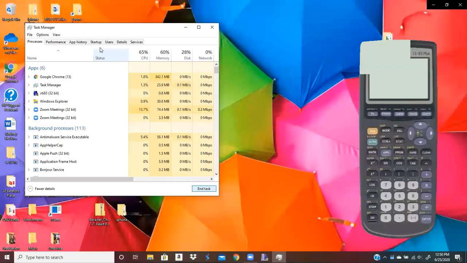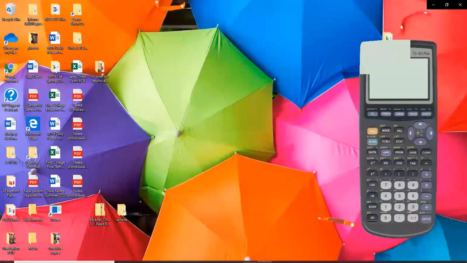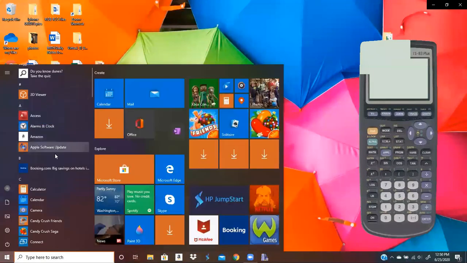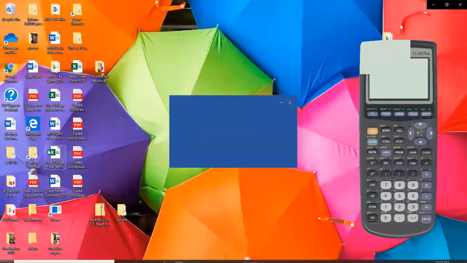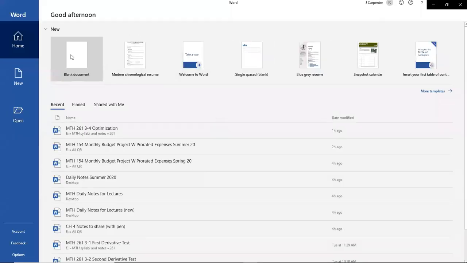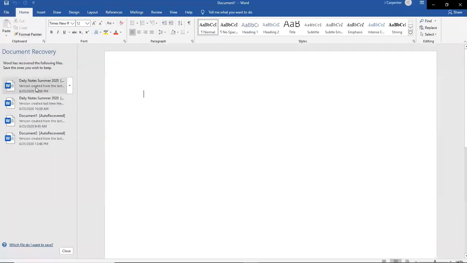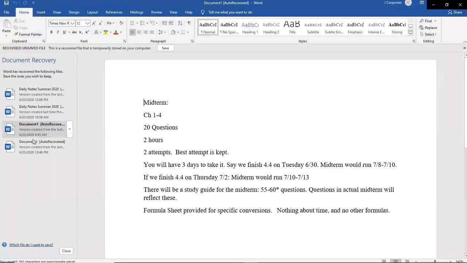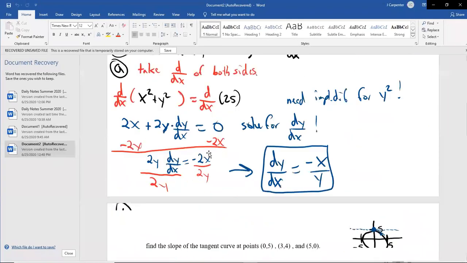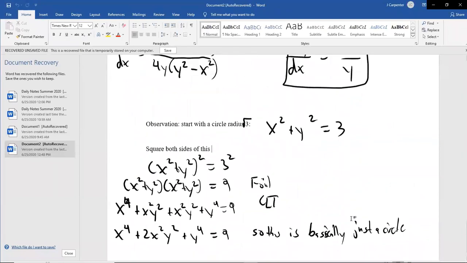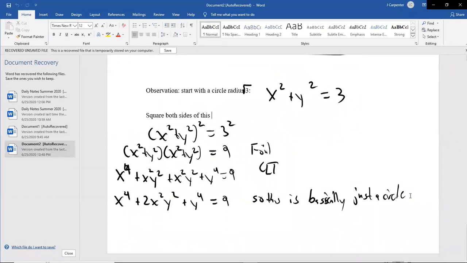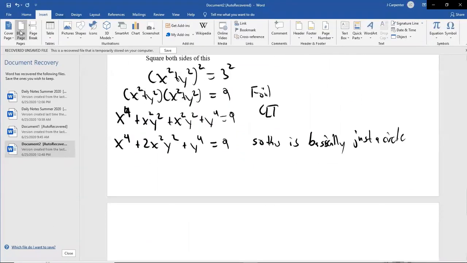Isn't technology fun? Oh, there it was. It was just fixing itself. Timing. Sorry, I don't know why I just said an inside joke. That was silly of me. Was it this one? Nope. There we go. How much did it save? Holy cow. It saved most of it. All right, insert new page.